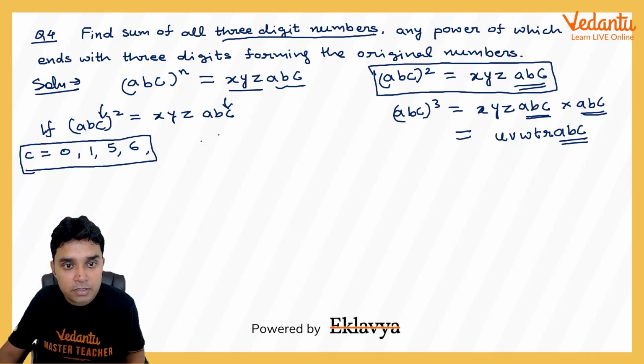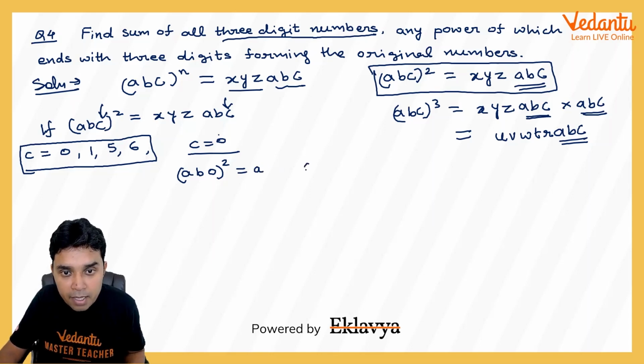If I take C to be equal to 0, then my number will be A, B, 0. And if I take the square of this, it will actually take 2 zeros in the end and maybe some X, Y, Z here.